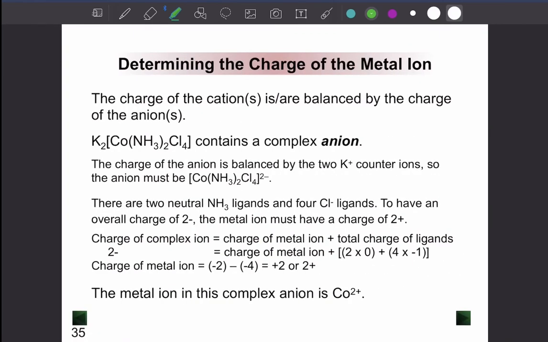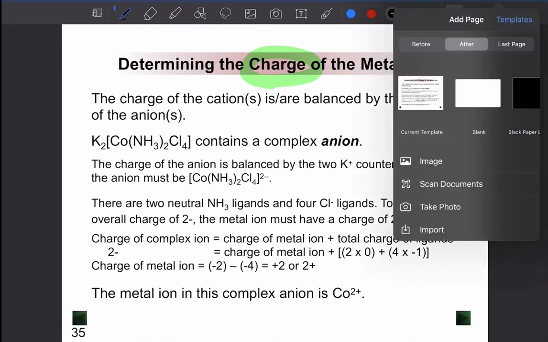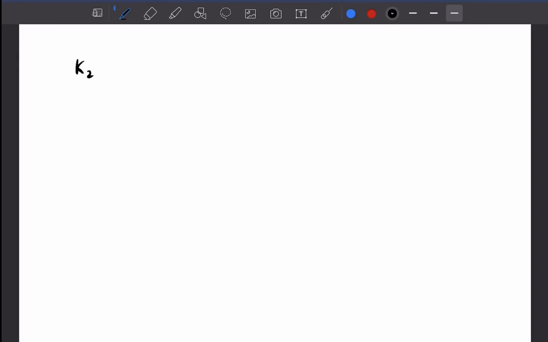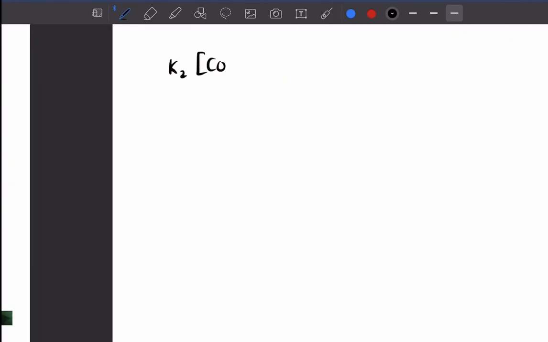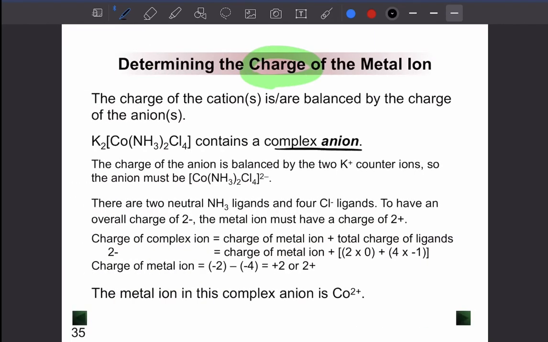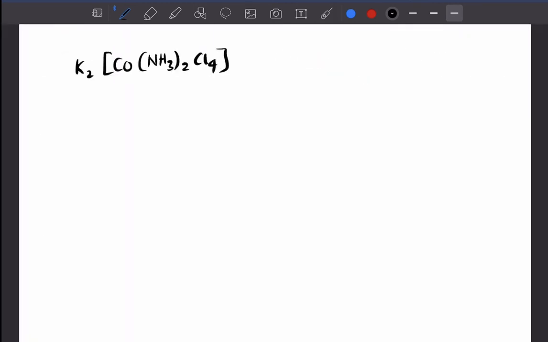Now let's take an example. How do you determine the charge of the metal ion? Let's take a simple compound, K2[Co(NH3)2Cl4]. This is an example of a coordination compound.